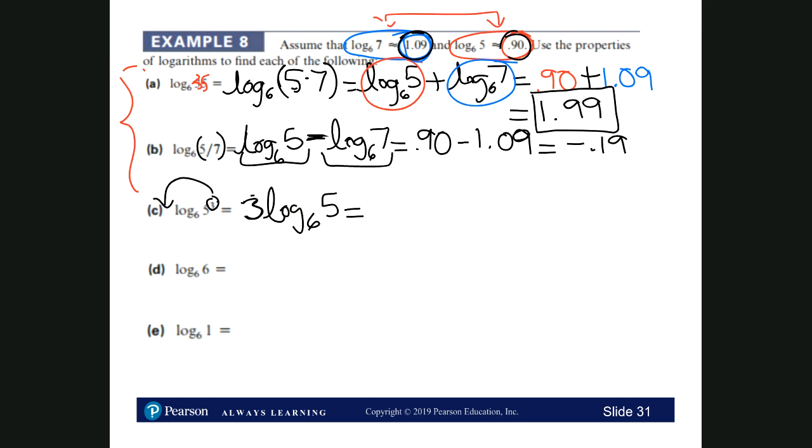Now remember, 3 is multiplying that expression, and we do have a numerical value for it. The log of 5 base 6 is approximately 0.90. And that will give me 2.70.